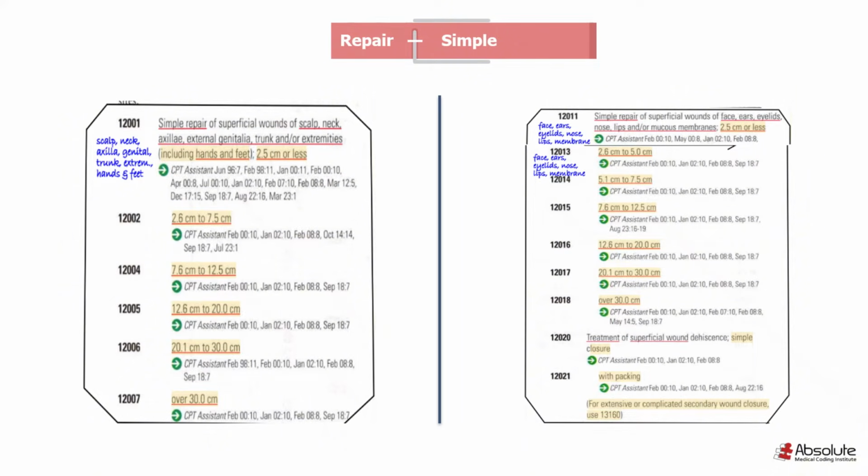The codes 12001 through 12007 are for a simple laceration repair performed on anatomic locations such as the scalp, neck, axilla, external genitalia, trunk, and or extremities, including the hands and feet, while the code series 12011 through 12018 is for the repair of the face, ears, eyelids, nose, lips, and or mucous membrane.